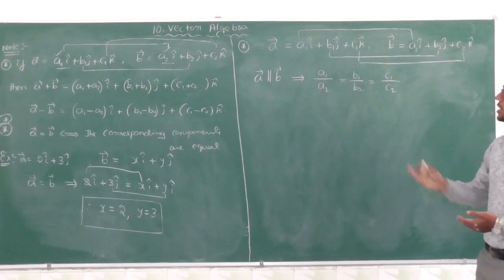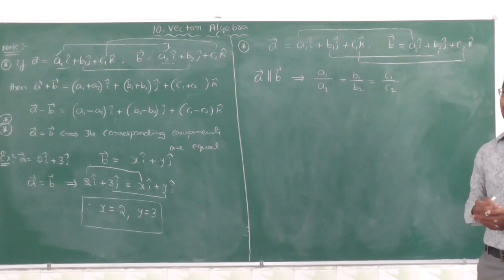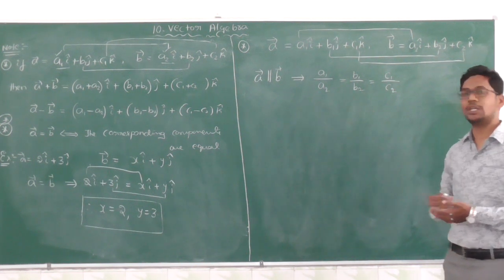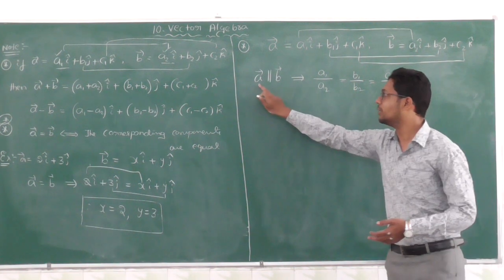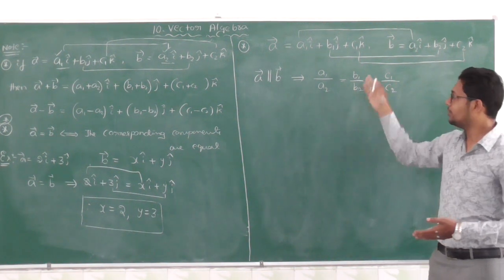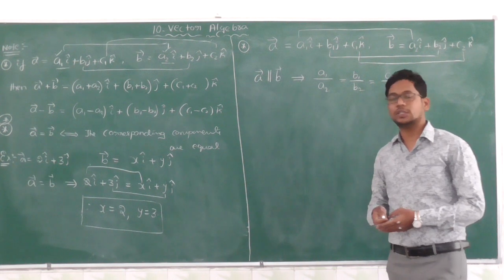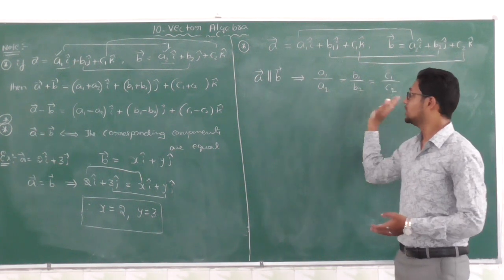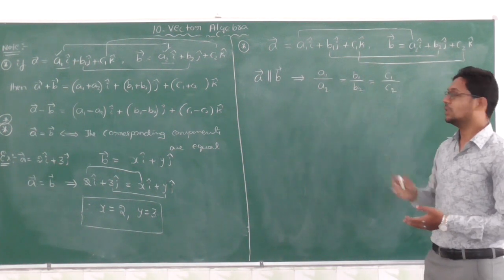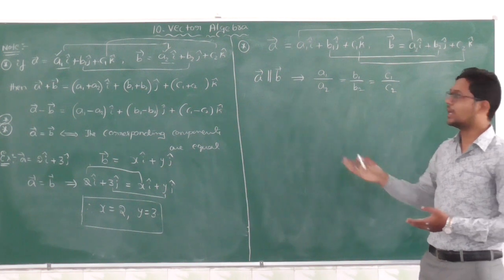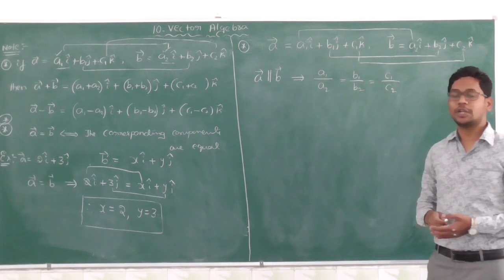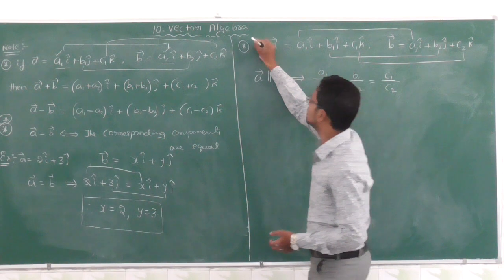Hence A vector and B vector are parallel. If these ratios are equal, then we can say that A vector is parallel to B vector. If the ratios are not equal, then the vectors are not parallel.